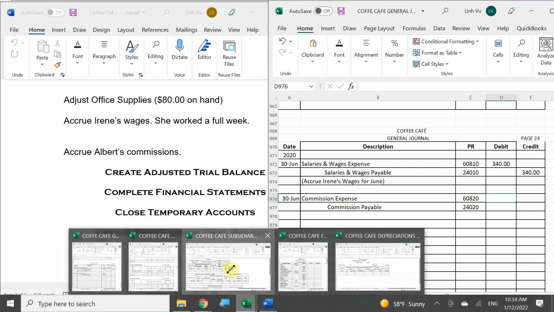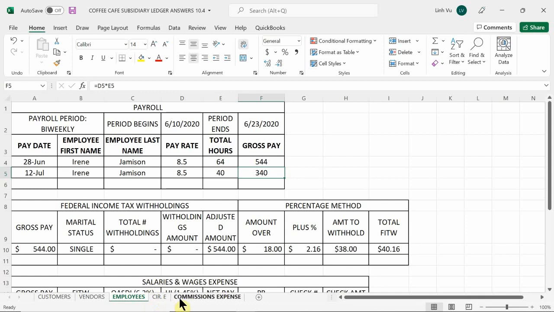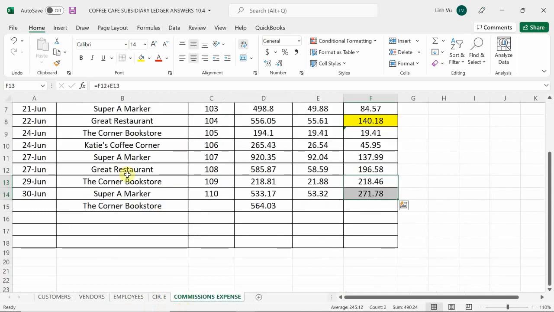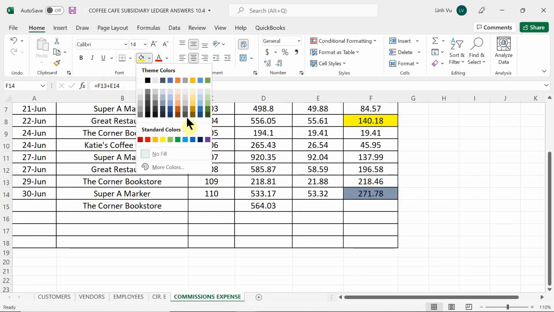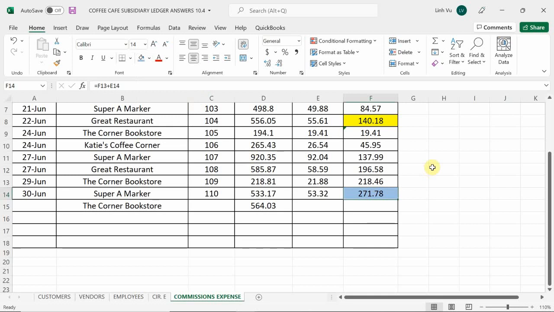Let's go ahead and take a look at the commissions, right? So right now, how much do we owe Albert? He hasn't completed the last one yet because that's not scheduled till July. But as of today, as of June 30th, we owe Albert $271.78.